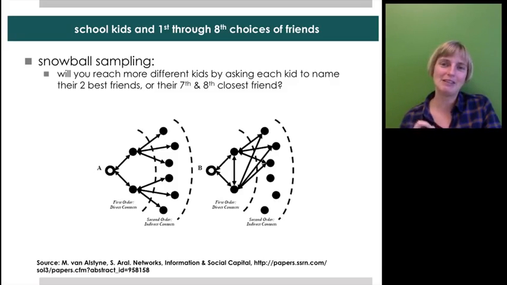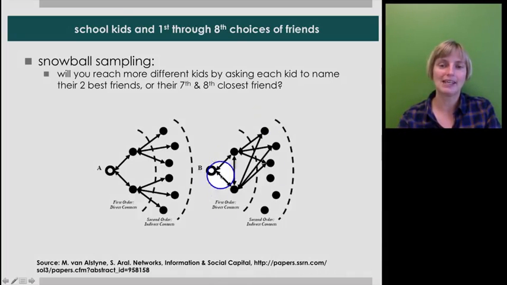So when they used the 7th and 8th choice, so these weren't their closest friends, the number of people n hops out was far greater than when they used the 1st and 2nd choice. And the 1st and 2nd choice looked something like this. My best friend's friend is also likely to be my friend.